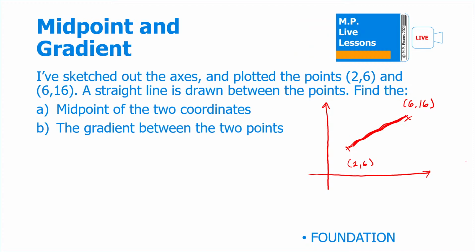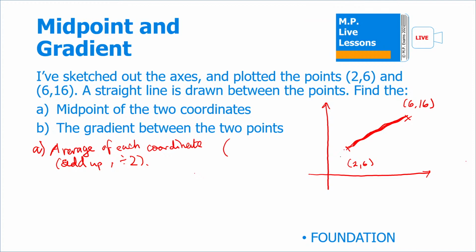Now to find the midpoint, it's just the average of each coordinate. So add them up, then divide by 2. In this case, for the x coordinate, 2 plus 6, and we'll divide this by 2.